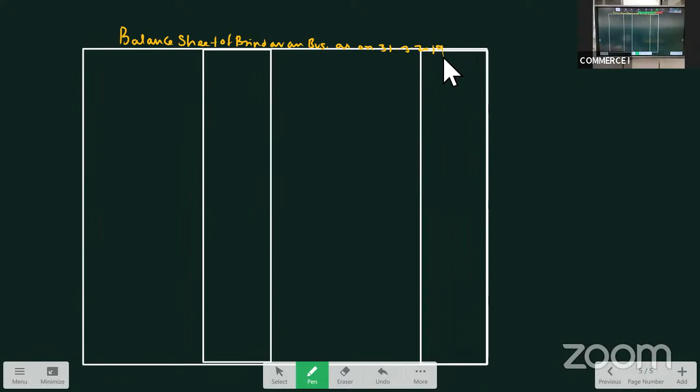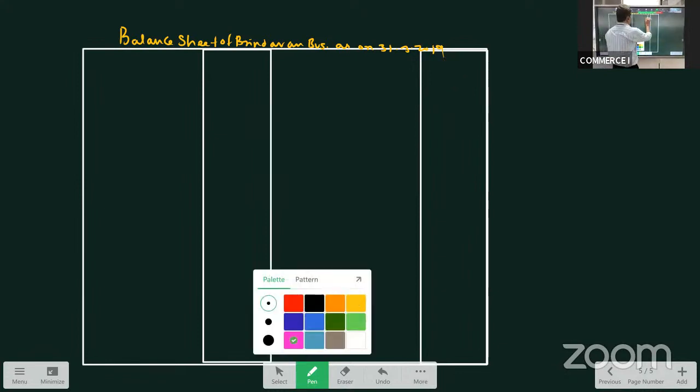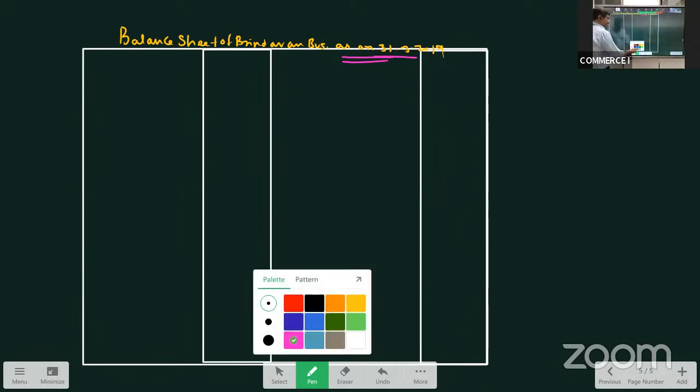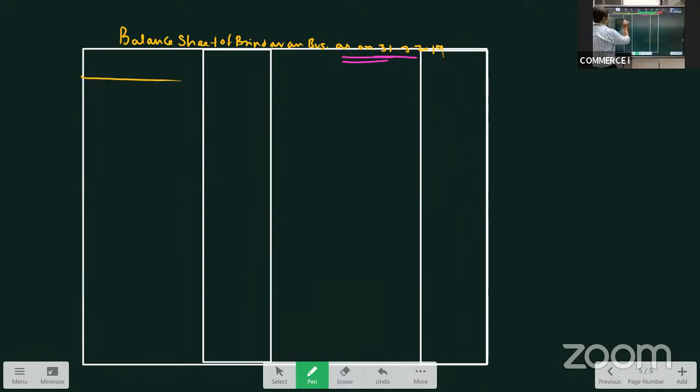When we prepare the trading account, P&L account, we write for the year ended on. But when we prepare the balance sheet, we write as on or as at, because the balance sheet is a position statement that is prepared on one particular date. As on that date, whatever the balance of assets and liabilities is, we show as it is.